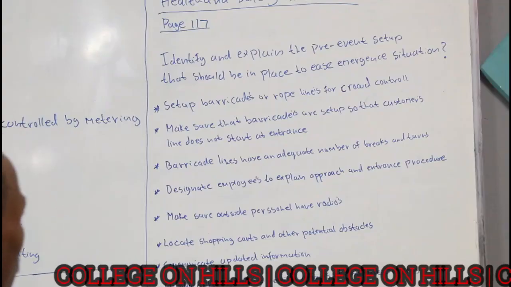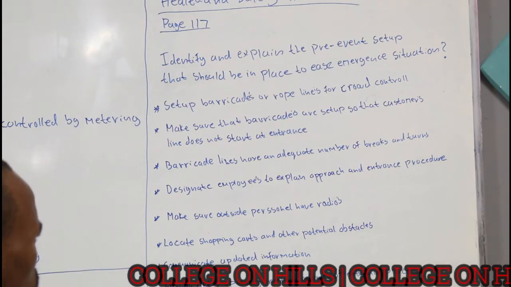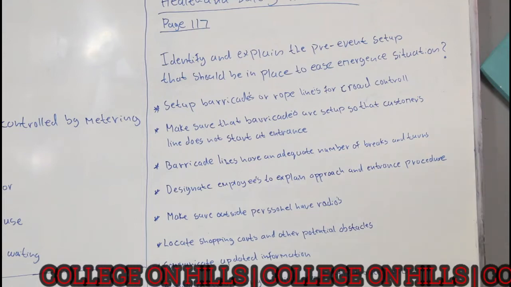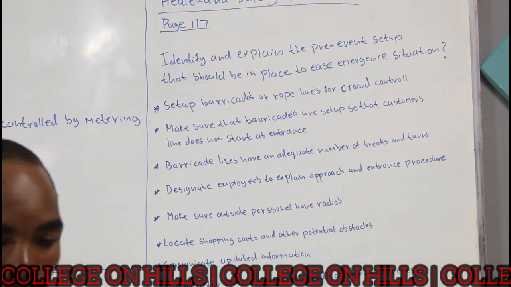Another point: make sure that barricades are set up so that customers' line does not start in the entrance. Okay, this one we did. Barricade lines have an adequate number of breaks and turns.